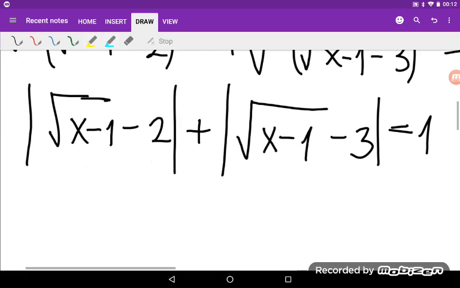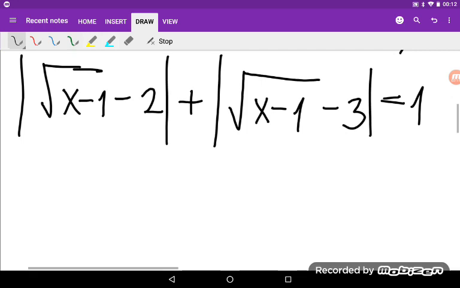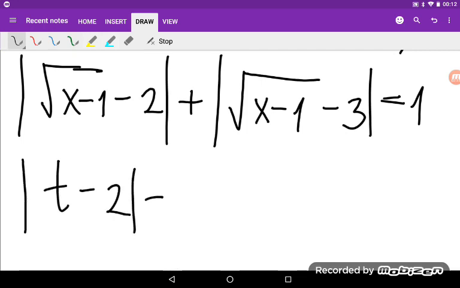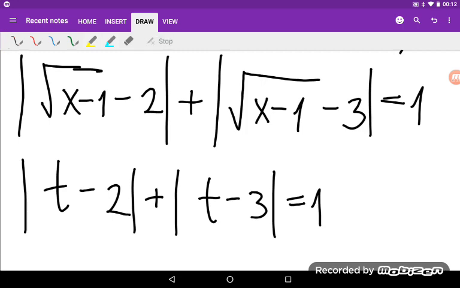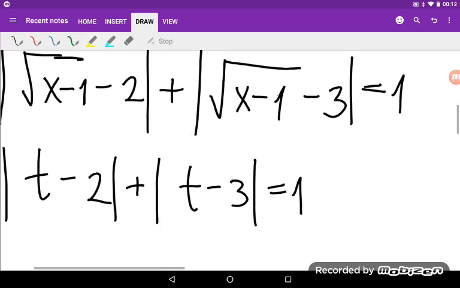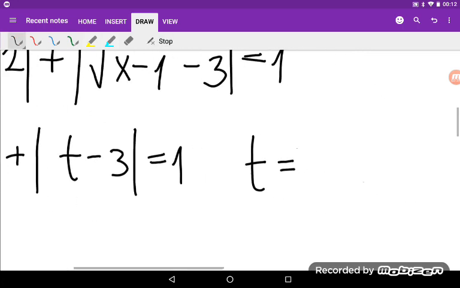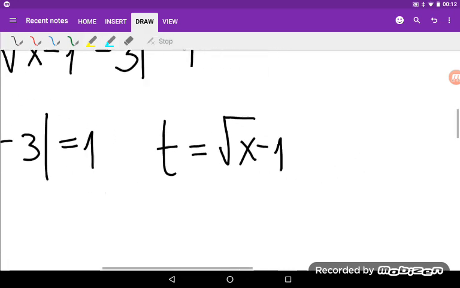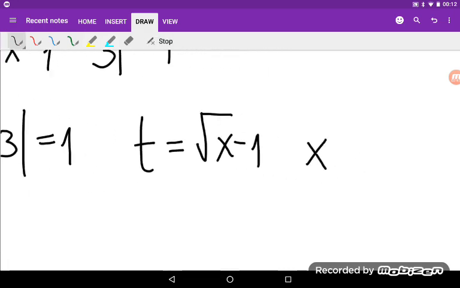Now I will make a substitution. So |t minus 2| plus |t minus 3| is equal to 1, of course with absolute values, and the substitution is t equal to square root of x minus 1. That means x must be greater than or equal to 1.